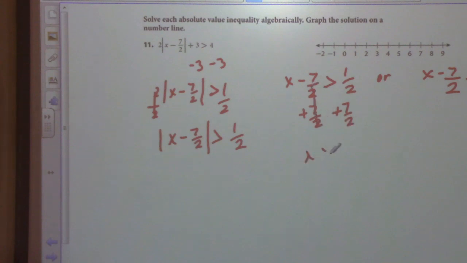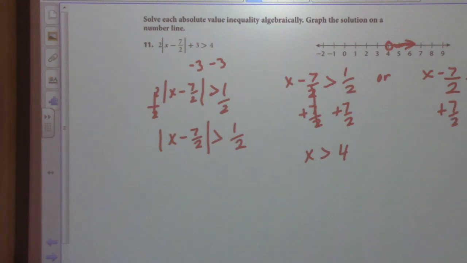What's 1/2 plus 7/2? That'd be 4, right? So we have x greater than 4. So we're going to be like this. And what about this one? Plus 7/2. Hang on a second, this should be -1/2, shouldn't it? I don't know why I wrote -2.